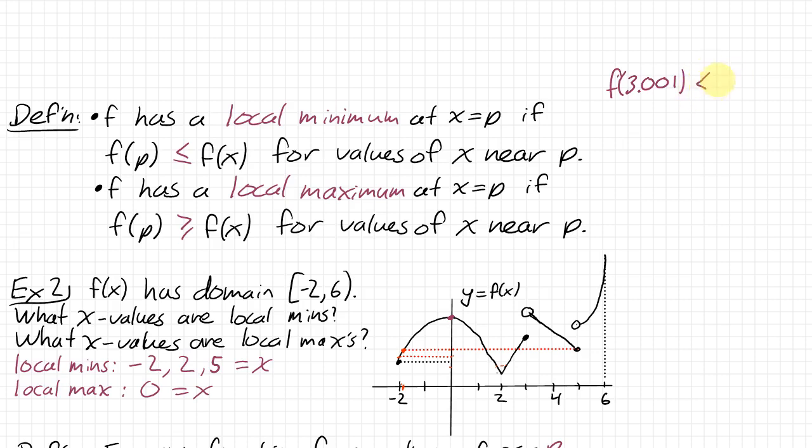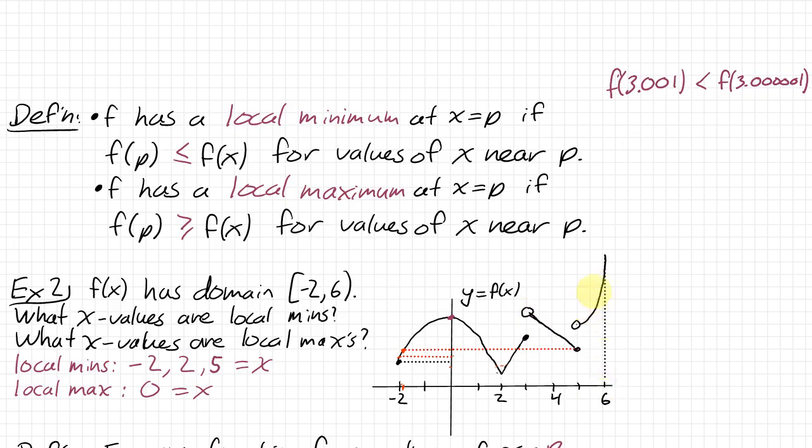If you pick f of 3.000001, that's going to be very slightly bigger than f of 3.001 because you're getting a little bit higher if you go closer to the left. And this isn't a maximum either because you can get still just slightly bigger by plugging in something slightly closer to 3.